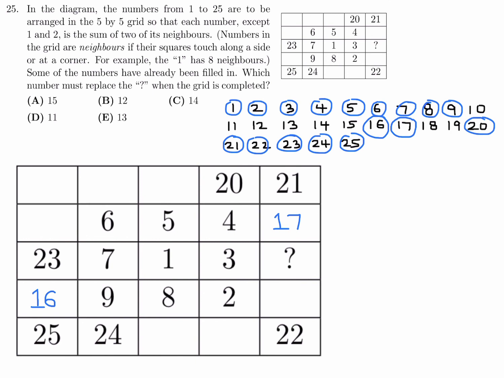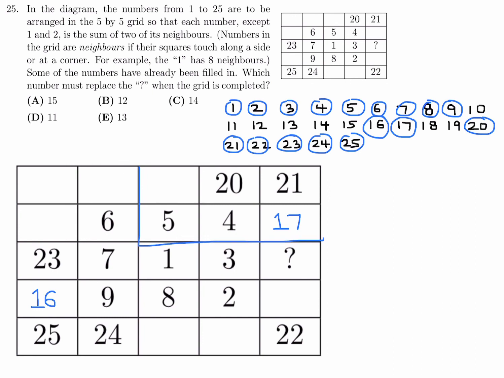Okay, so first let's look at all the numbers that are left, the ones that are not circled. That is going to give us a clue as to what we should put in the empty boxes. All right, so let's see here. This is what I want to concentrate on. Somehow I got a sum of 20, right? So how did I get a sum of 20?